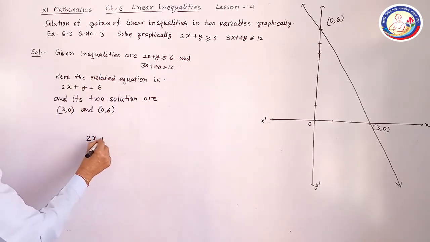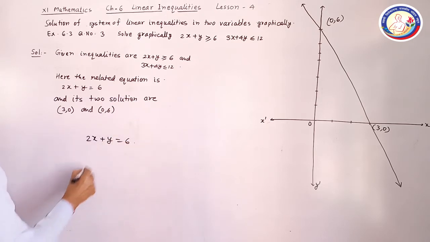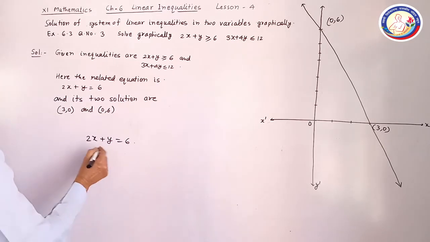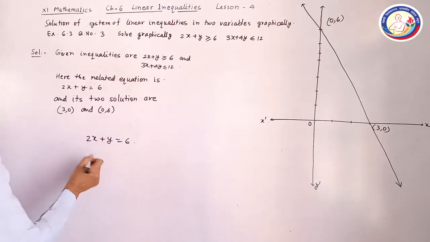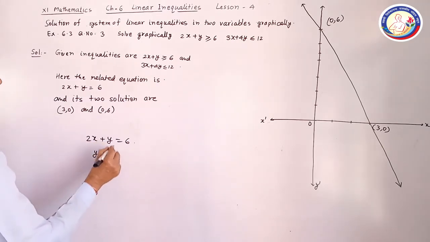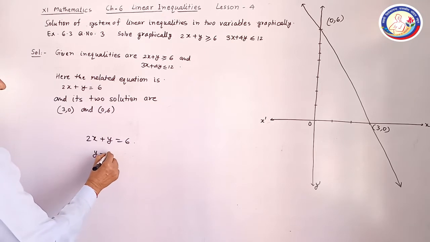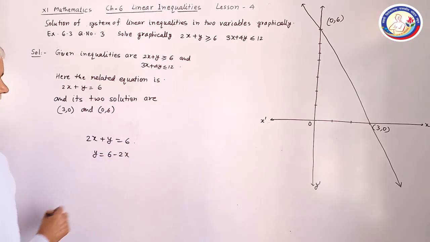The equation is 2x plus y equal to 6. Here we can find the value of y easily because the coefficient of y is 1. So y can be obtained by changing this equation to y equal to 6 minus 2x.